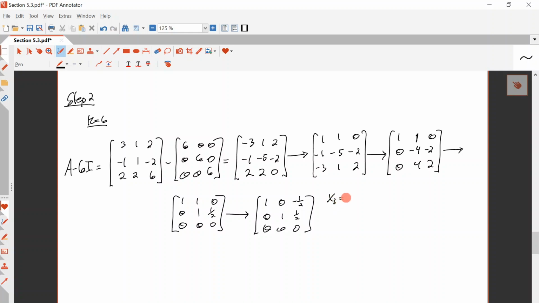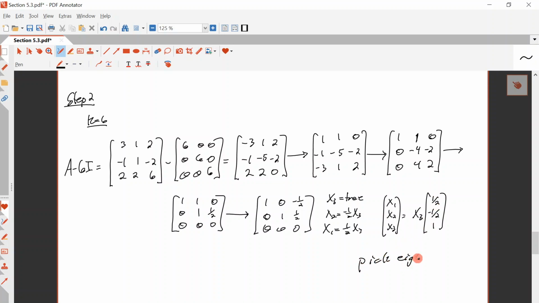So x3 is free, x2 is minus a half x3, and x1 is 1 half x3. So I have x1, x2, x3 equal to x3 times 1 half, negative 1 half, 1. Okay, so I could pick this as the eigenvector, so I'm going to double it. So pick eigenvector 1, negative 1, 2. I'll just multiply it by 2.